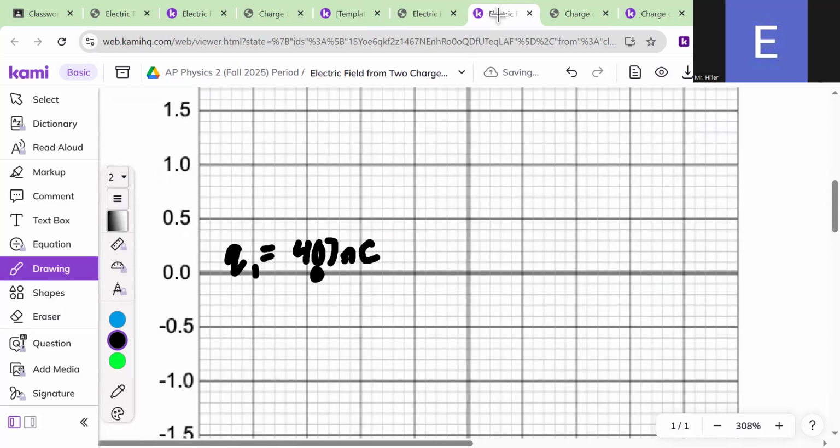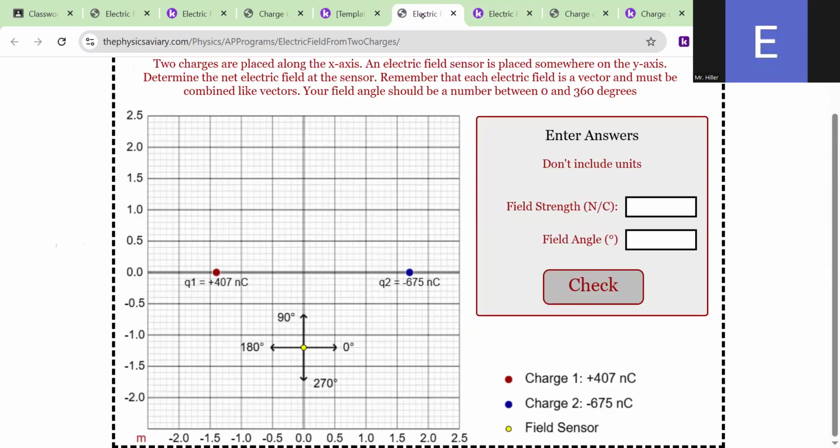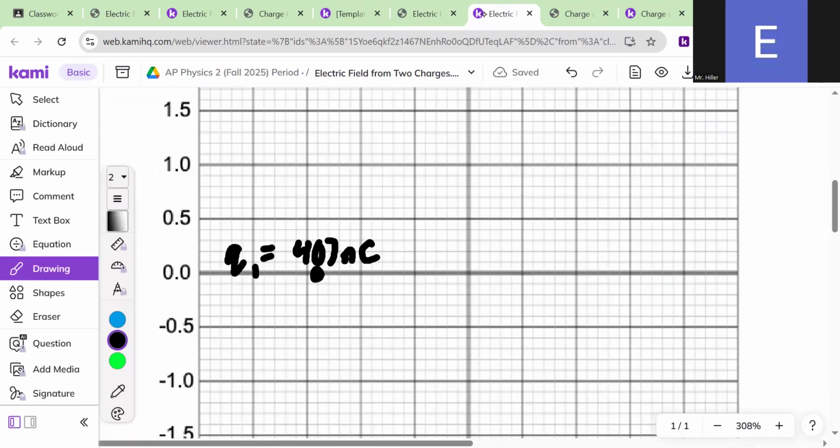Positive 407. And negative, so let's see, 15, 16, 17, negative 675, and that's Q2.